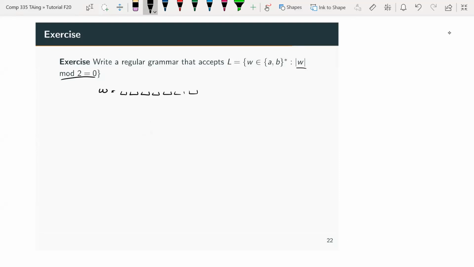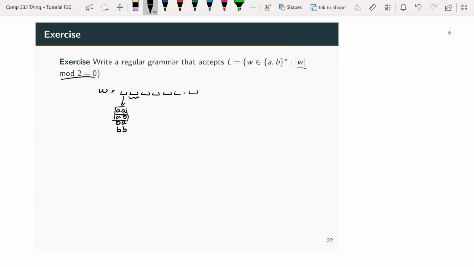You can think of each of these buckets as pairs of elements. And those pairs are either going to be AA, AB, BA, or BB, right? So once you generate one of these pairs, then you can move on to the next one.